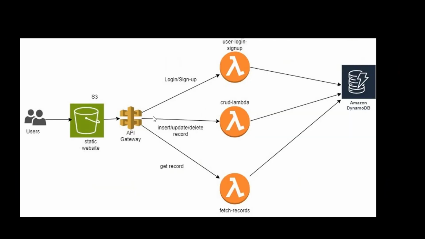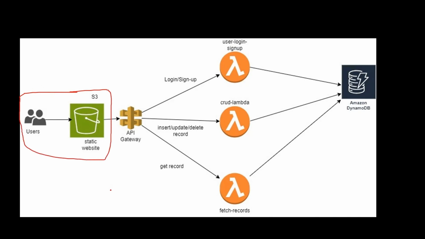So this is the architecture diagram of the tasks that we would be doing in the videos in this playlist, and later on in upcoming videos I will expand it with more services and more functionalities to this architecture. So to start with, in this part we will look at a demo of hosting the website on S3.